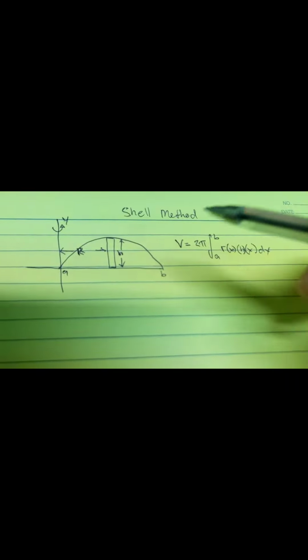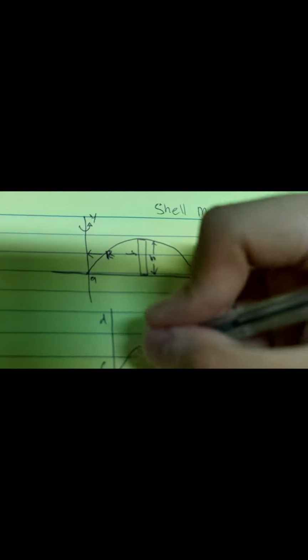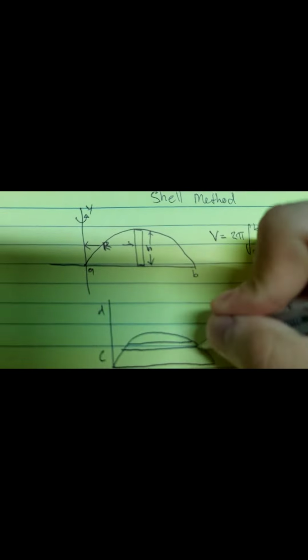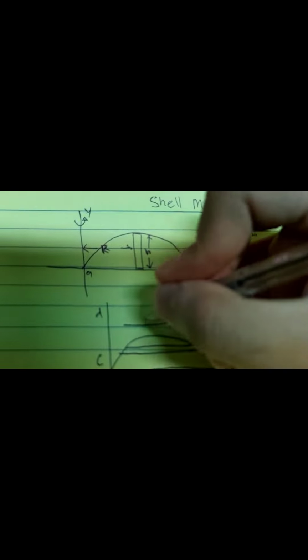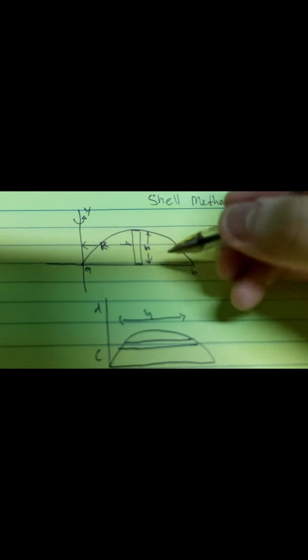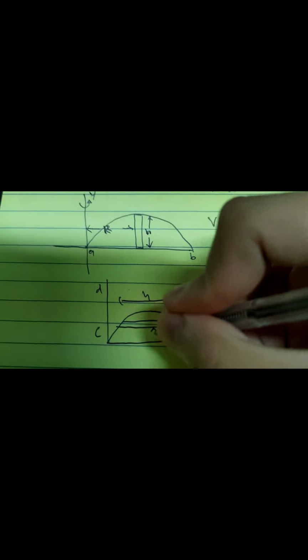Next, if you want to rotate your curve about the x-axis, it will be like this. We're gonna put here d and c, and our curve is just the same like this, and your rectangle is on the other side. So your height now is this, and your radius is from here to here.